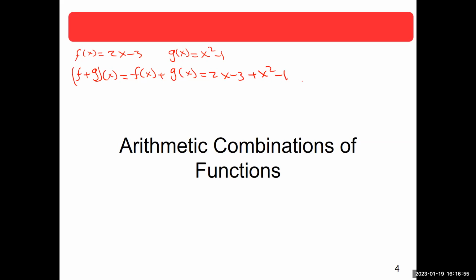Now combine the ones that are similar and rearrange: x squared plus 2x, negative 3 and negative 1 give us negative 4. That's it. That's adding. It gets a little bit harder when we do subtraction.